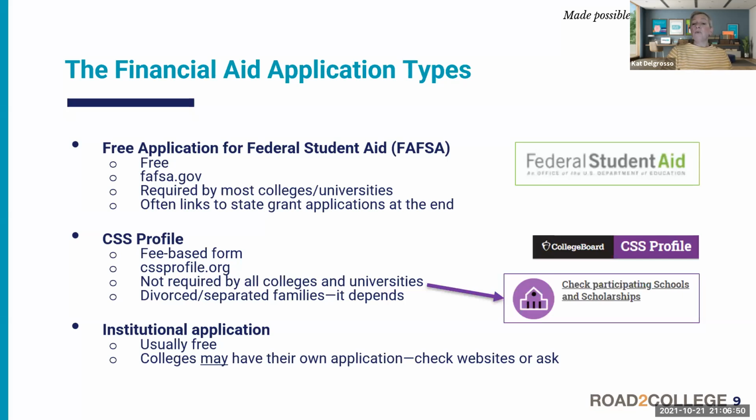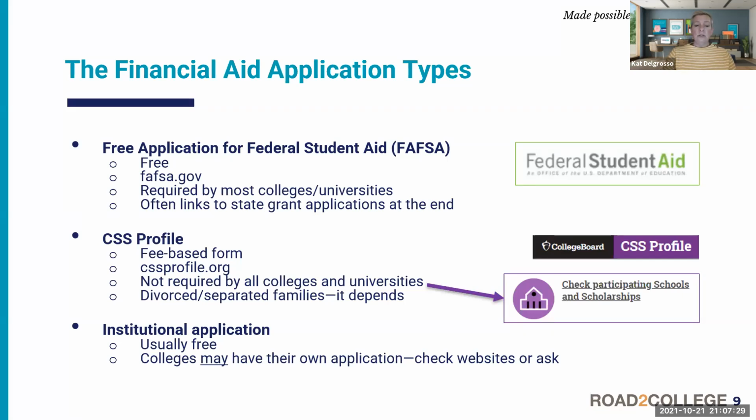It is a fee-based form, with a fee of $25 for the first school and $16 for each additional school. However, they just announced that their fee waiver program has been expanded to families with 100,000 or less in, I think it's the adjusted gross income, but you can double check that. Basically they have totally expanded who's going to qualify for a fee waiver. And that is, I think, an immediate change that they made for the fall of 22.